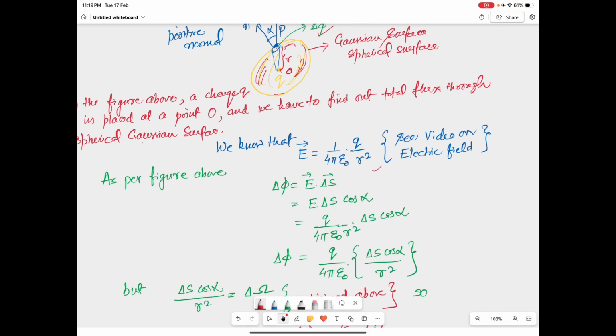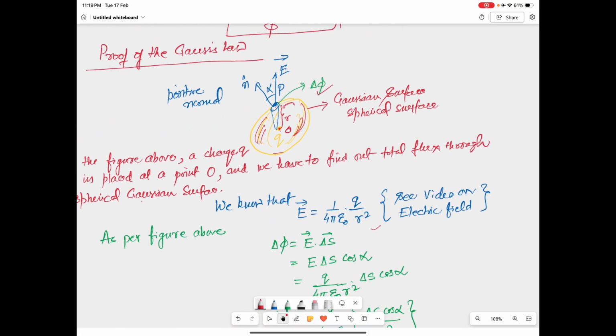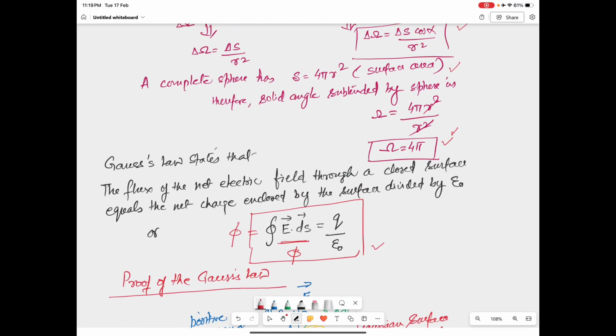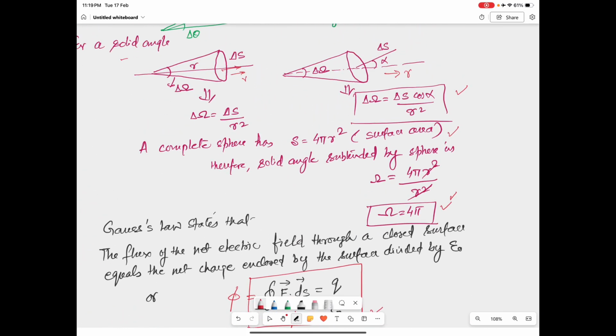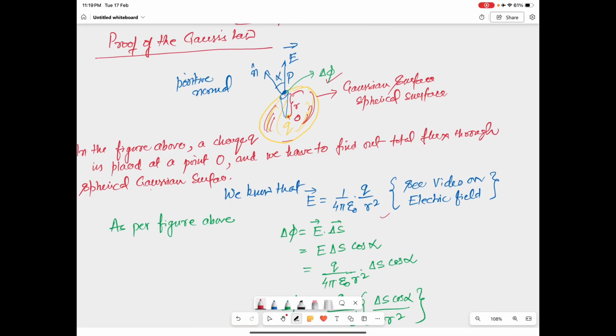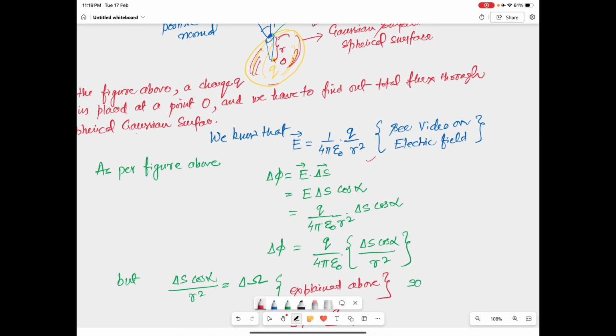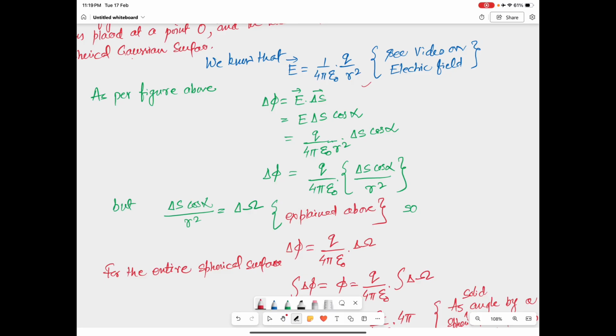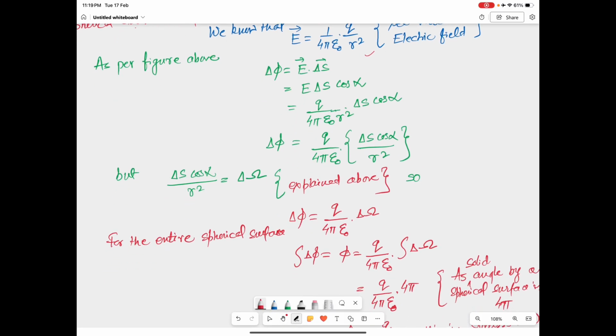Delta S cos alpha by R square, as already explained, is nothing but delta omega, the small solid angle made at the center. So the small flux delta phi will be q upon 4 pi epsilon naught delta omega.